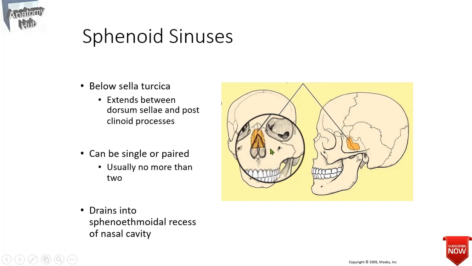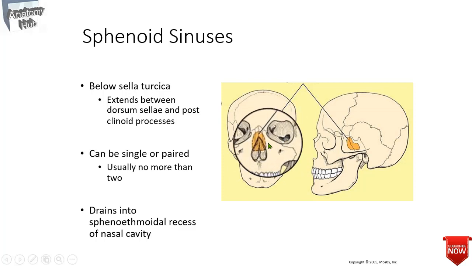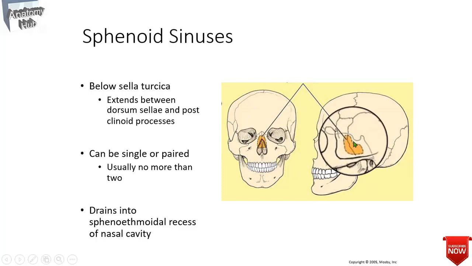Then we will see the sphenoid sinus. So the sphenoidal sinuses are also paired in number, that you can compare laterally where it is present.